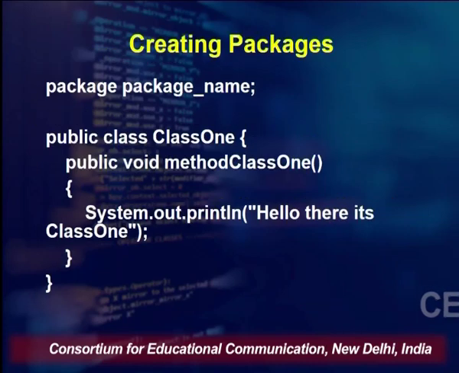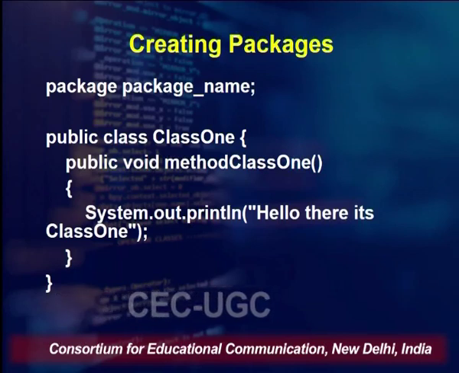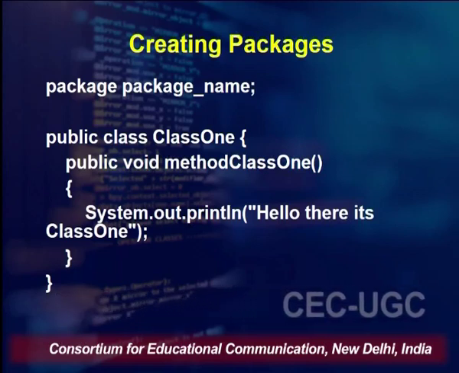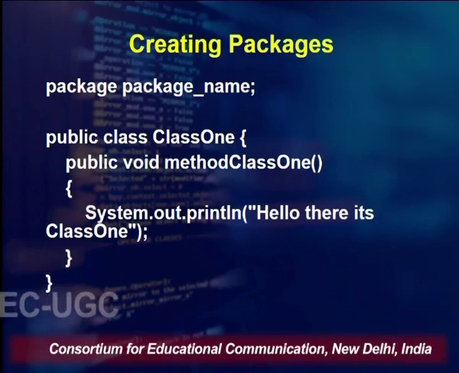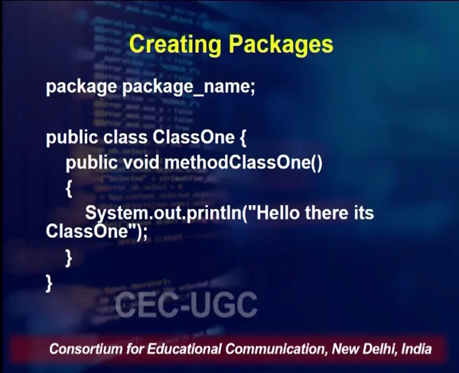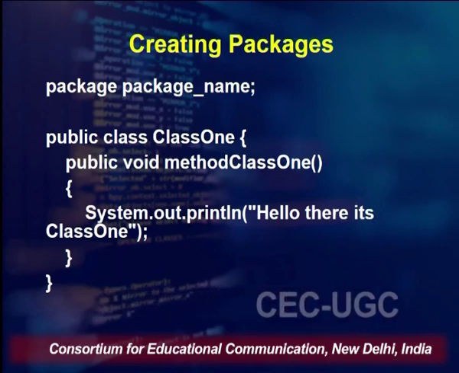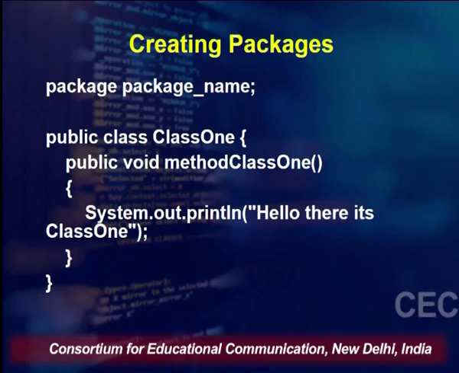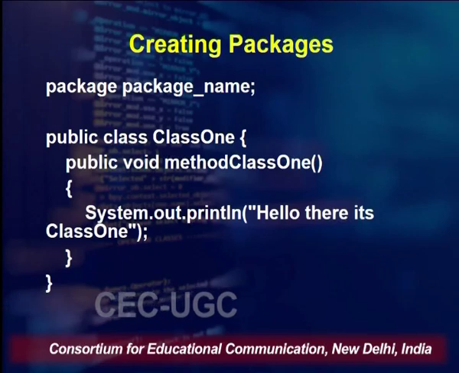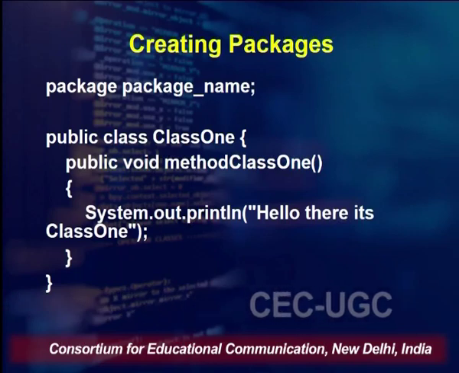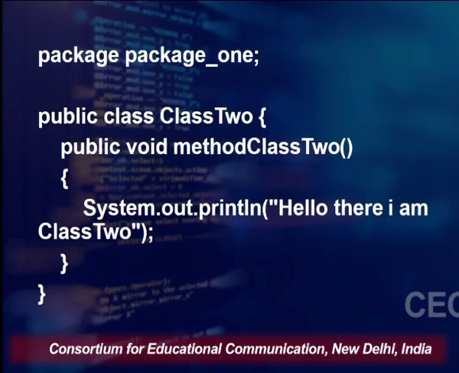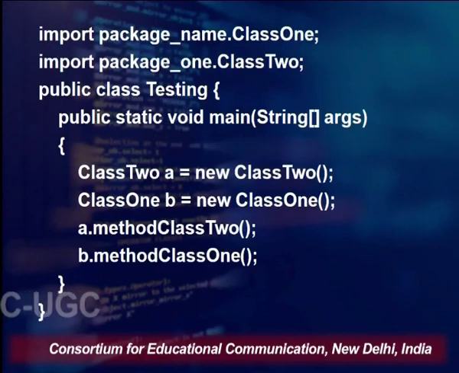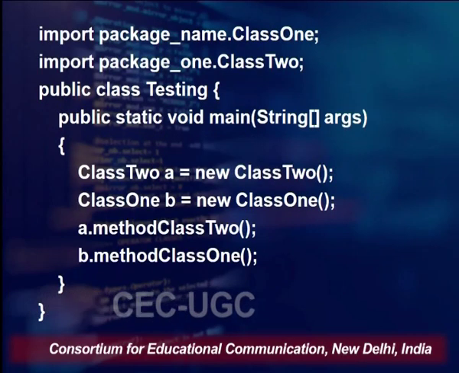Then we have another package named package_name, and within it we have class1.java, and this whole code is written inside the file class1.java. After compilation, the corresponding class file, class1.class, also resides inside package_name.